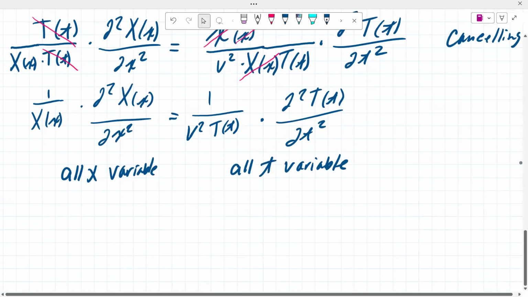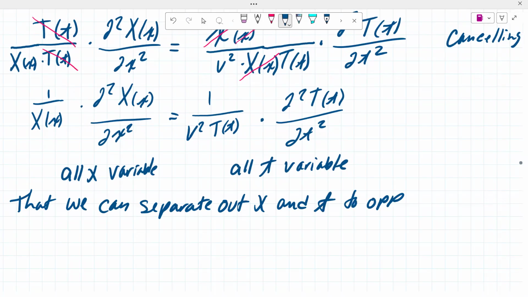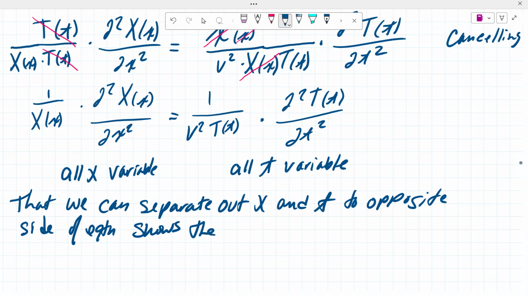Because we're able to divide them out, this shows that we can separate x and t to opposite sides of the equation, which shows the separability assumption was valid. Great, it is separable.